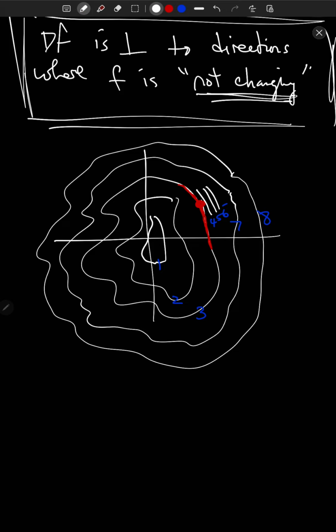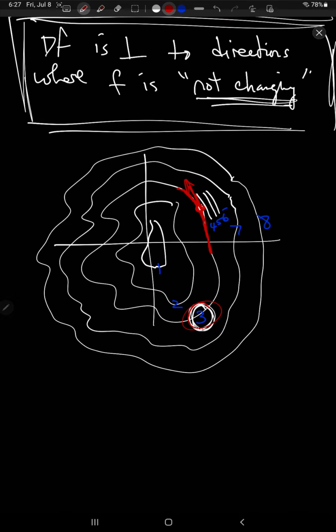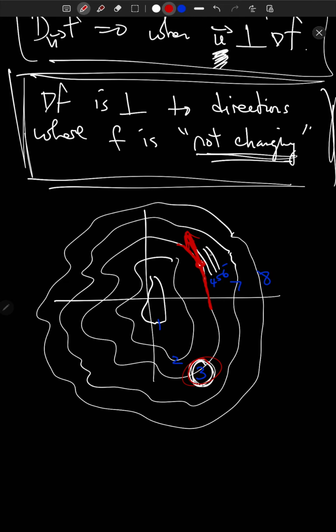All right. So along this level curve that I'm standing on, we're at a constant height of 3. Okay. So what that means is if I move in this direction tangent to the level curve, my function should be constant, 3. And so my directional derivative in that direction should be 0. All right. And so what does that mean? That means the gradient has to be perpendicular to that, right?